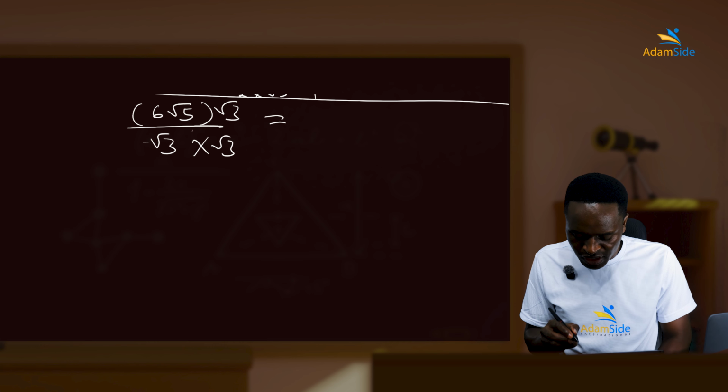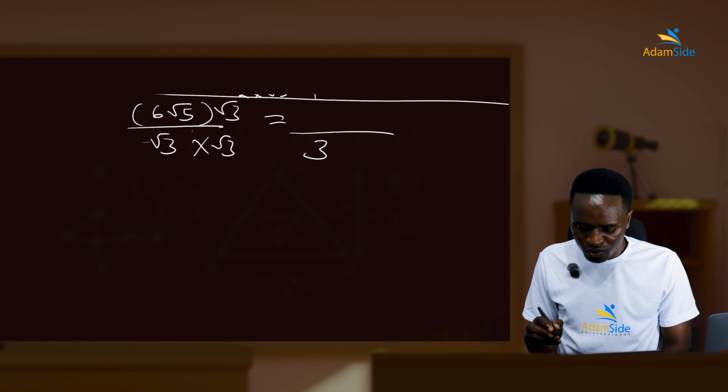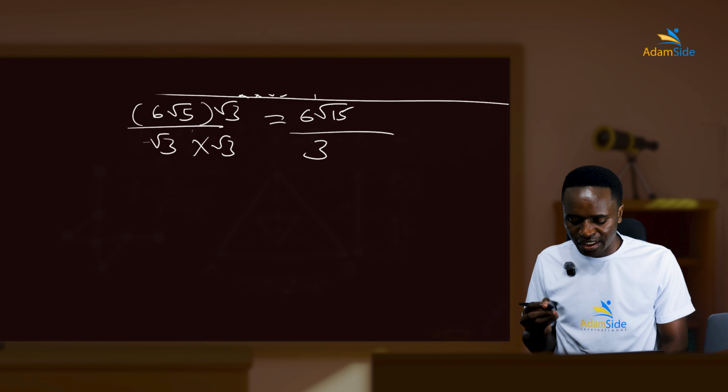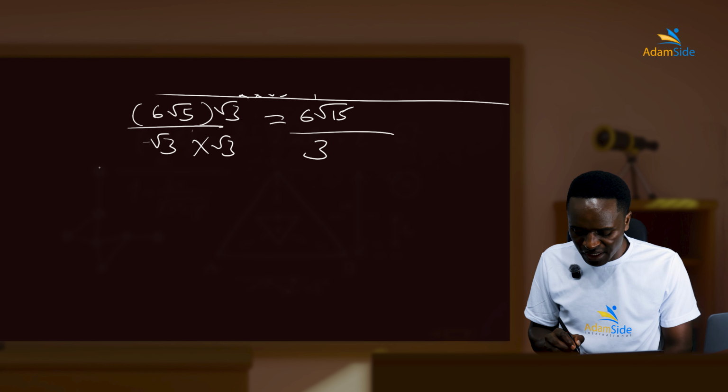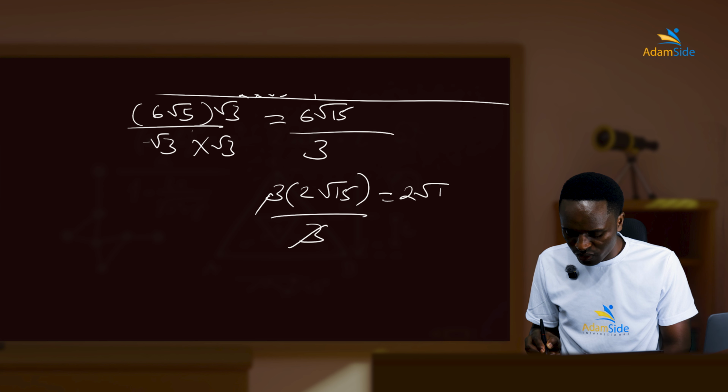Root 3 times root 3 is 3. On the top, 6 times root 5 times root 3 is 6 root 15. Then you can simplify by dividing by 3 outside. It will be 2 root 15 divided by 3. 3 cancels 3, then your answer is 2 root 15.